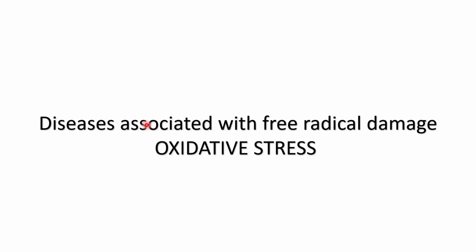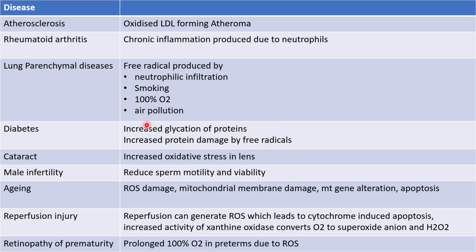Now let us look at a few important diseases which are associated with free radical damage or oxidative stress. Oxidative stress basically is a condition in which the production of free radicals increases more than normal, and which leads to various damages in the system and disorders. Okay, so the important diseases which occur because of free radical damage or oxidative stress, first and foremost, is atherosclerosis. Okay, so we know atherosclerosis is a block in the coronary arteries or peripheral vascular disease due to formation of atheroma.